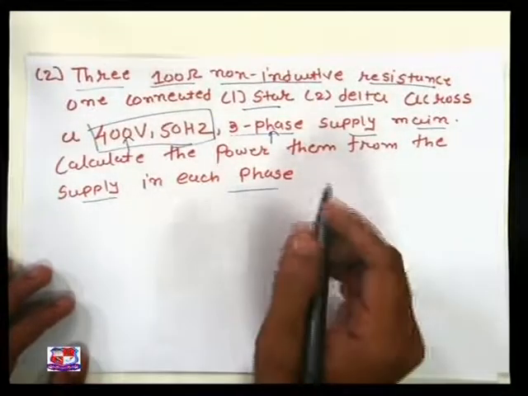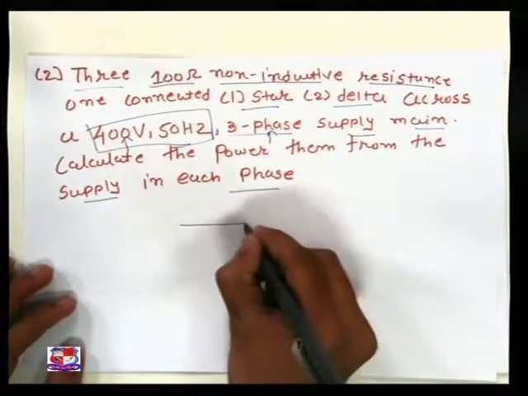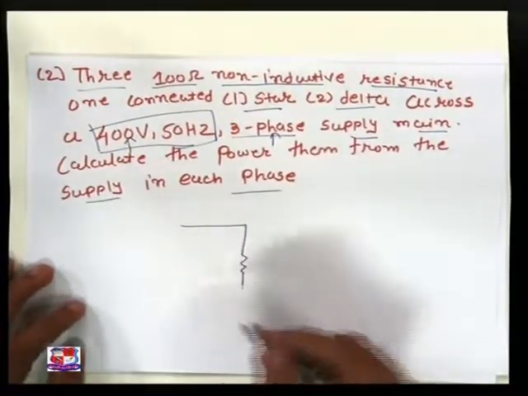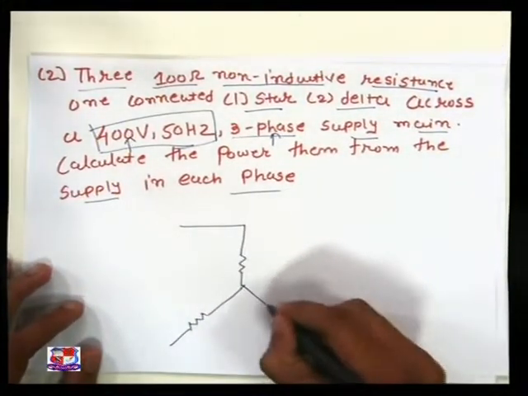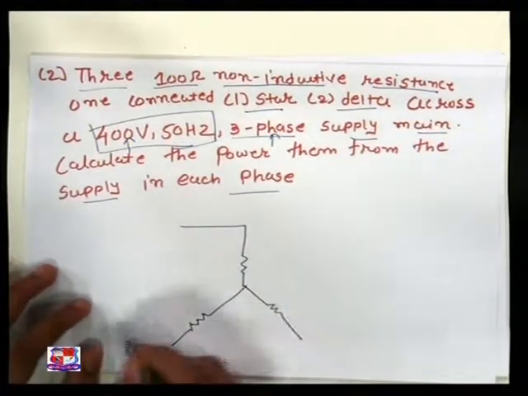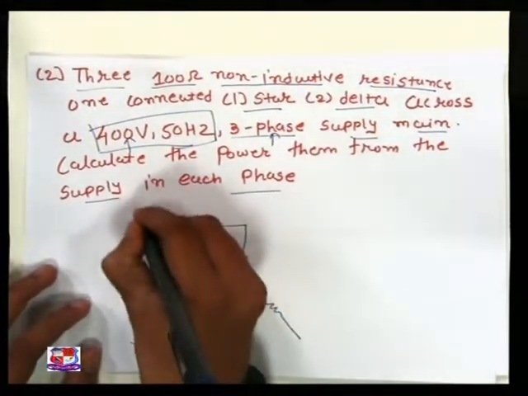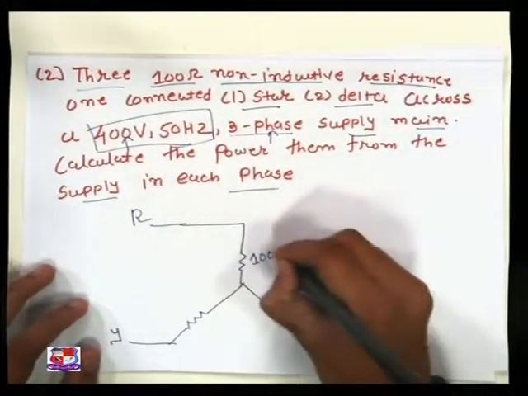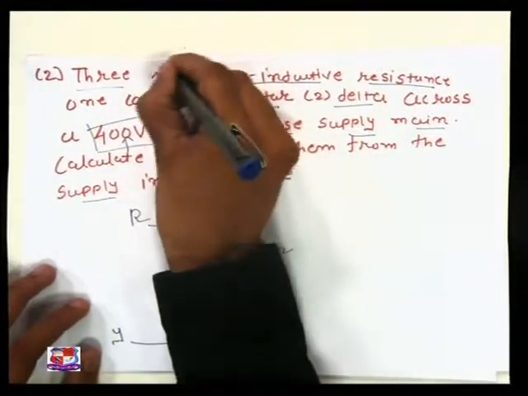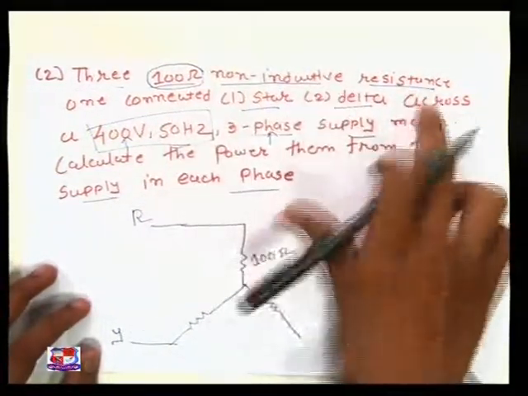So I only concentrate on the concept in any sum in our chapter. This will be the second frequently asked question in the GTU. First we draw the connection, with the data given in our sequence R, Y, B, with 100 ohm here and 100 ohm here, because we are given 100 ohm non-inductive resistance.